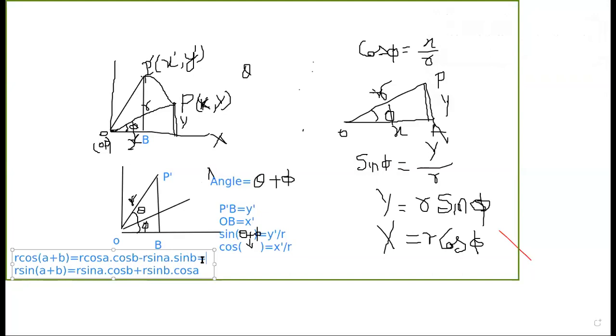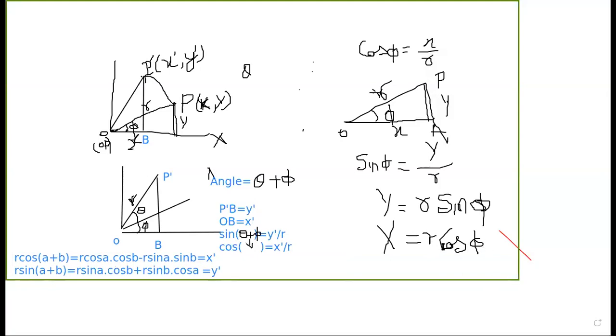So actually, what is this? This is x dash or y dash. From here you can see cos theta is x upon r. So it is X dash upon R. So now the same is here, y dash. Now you can see A plus B actually is theta plus phi.